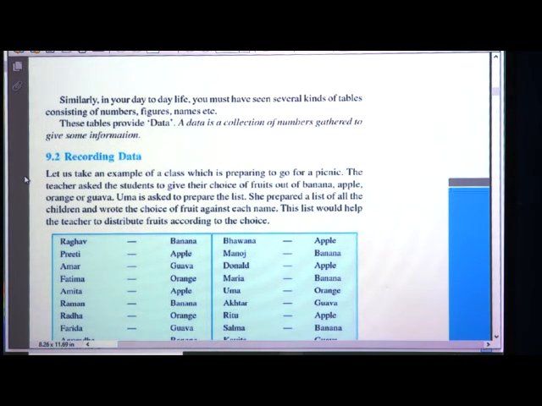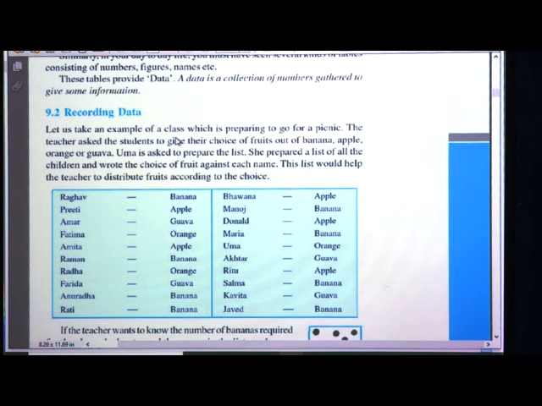Now we will see how to record the data. Let us take an example of a class which is preparing to go for a picnic. Now we have a class and the class is preparing to go for the picnic. The teacher asked the students to give their choice of fruits out of banana, apple, orange or guava.